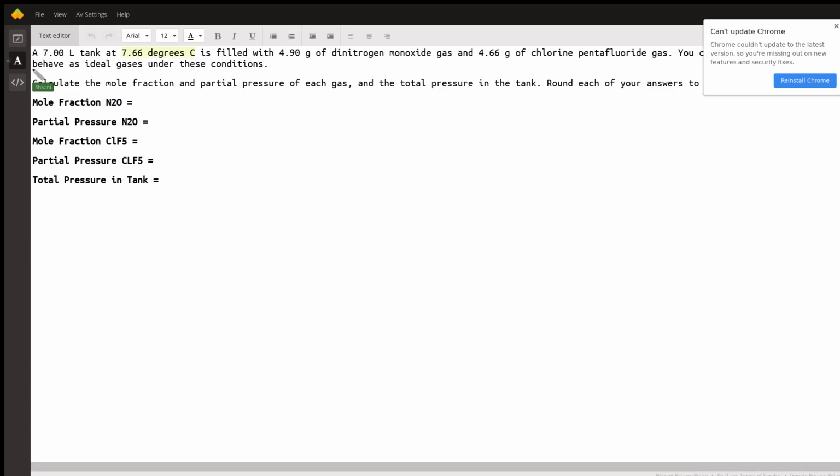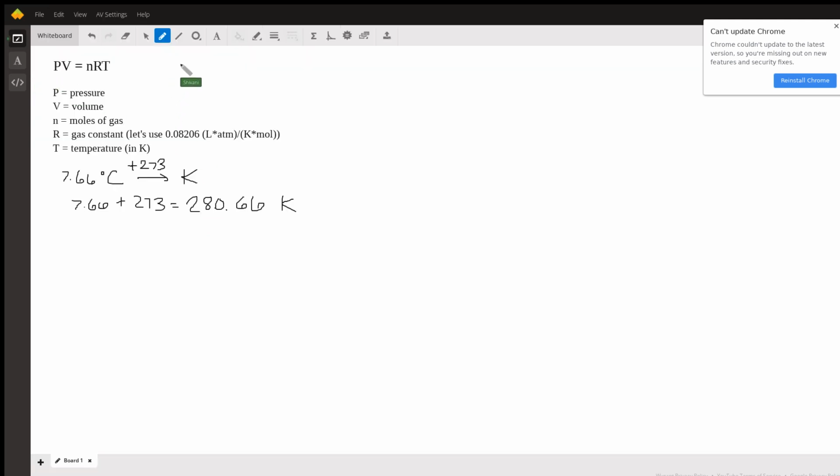Next, we need to convert the masses of each of these gases into moles, so we need to calculate the molar mass of each gas. For dinitrogen monoxide, N2O, it would be 2 times the molar mass of nitrogen plus 1 times the molar mass of oxygen.